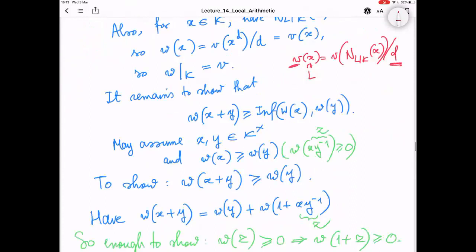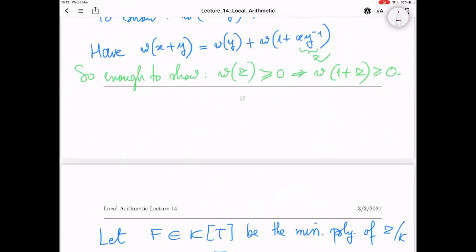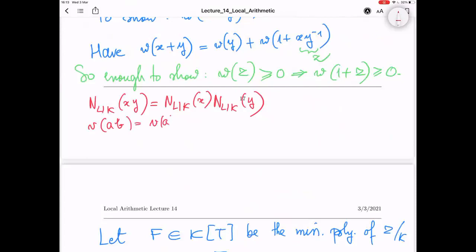If it's not, let me clarify it here. You have these two things: N of L over k of xy is N of L over k of x times N of L over k of y, and V of A times B is V of A plus V of B.